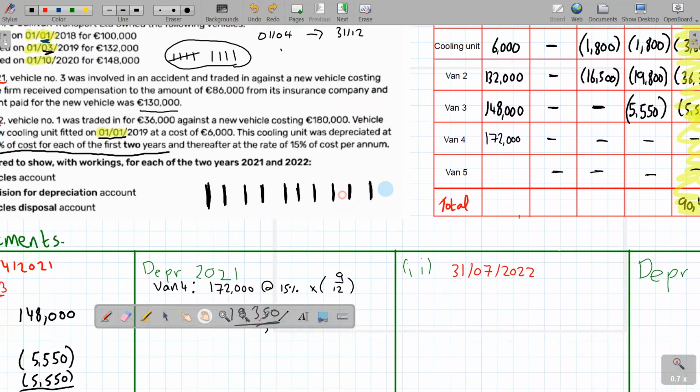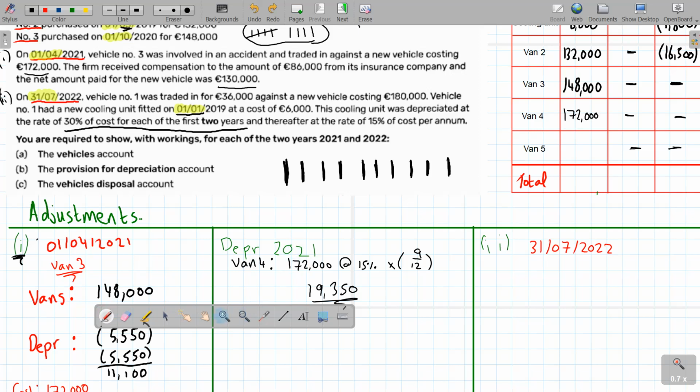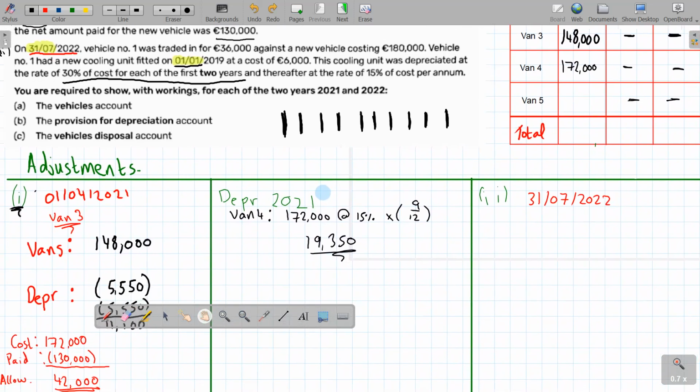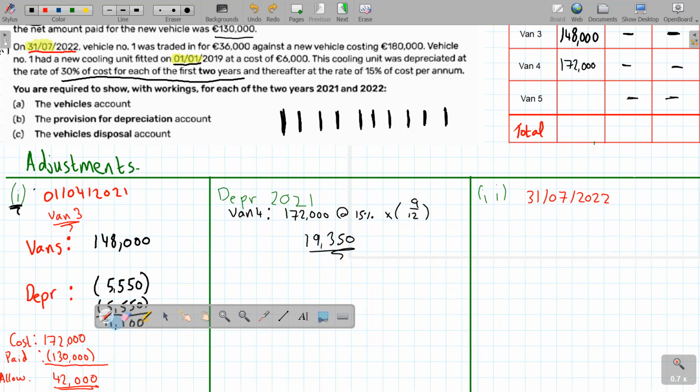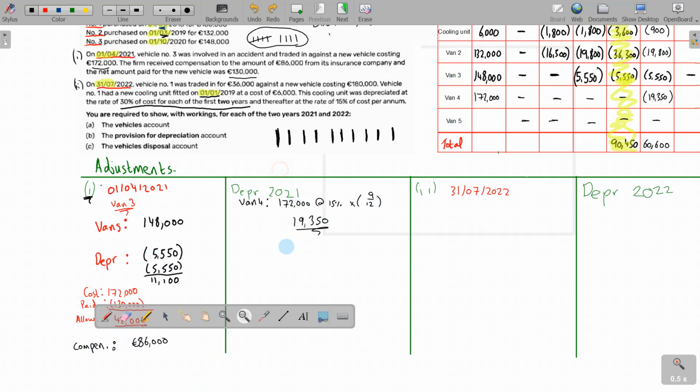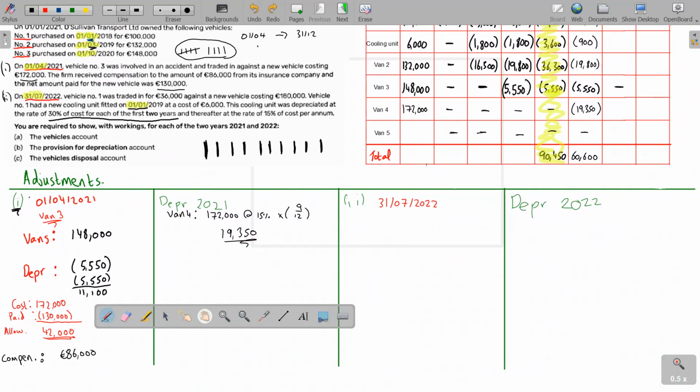Now, dealing with adjustment 2. As opposed to doing T accounts this time, I'm just going to go through it in our head to say what actually happens. So what we're dealing with is our vans. What we're doing is taking out 100,000 from our vans plus 6,000 from our vans, because don't forget we're getting rid of the cooling unit.